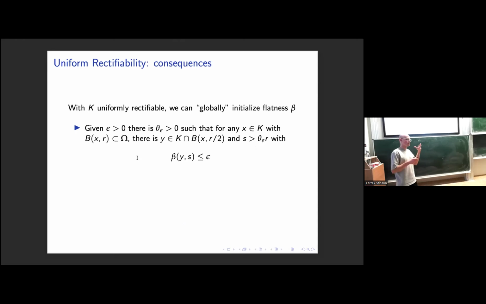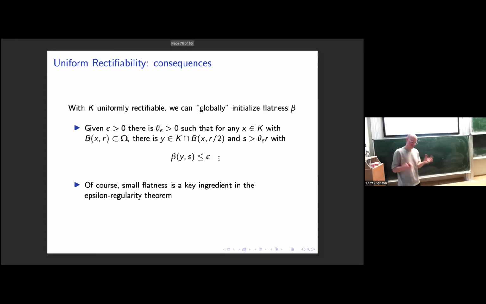Once you know that you're uniformly rectifiable, if I take any point X on the crack, I can find some neighboring point, at most the original scale away, such that the flatness at this new point and some smaller scale is less than epsilon. This is important for us because we need flatness to be small to kick in our epsilon regularity result.